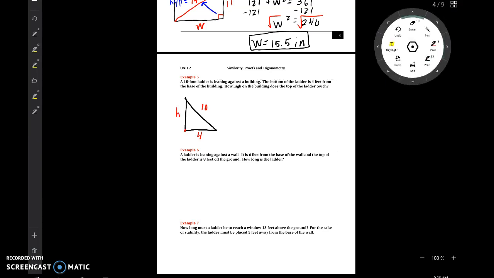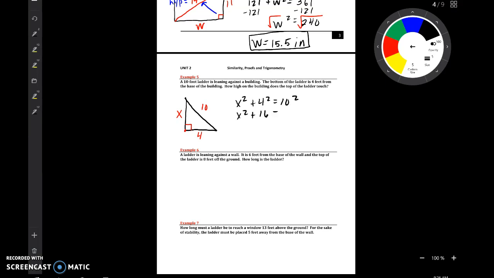You know what? I won't use H. Call that our unknown. The angle formed between the floor and the building is a right angle. So now we can use our Pythagorean theorem. Leg squared plus leg squared equals hypotenuse squared.